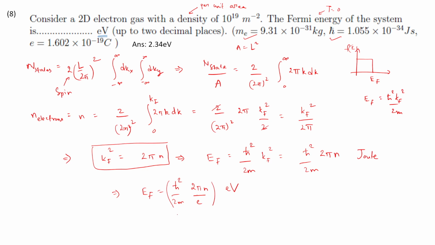If you calculate this quantity, whatever number you get will have the unit of electron volt. If you put in all these values, you will get around 2.34 electron volt. All these values are given; you just have to put them in and get the answer. This is clear, right? I hope it is clear.